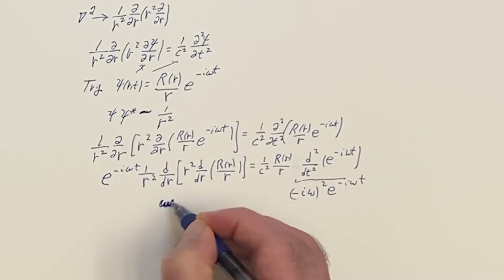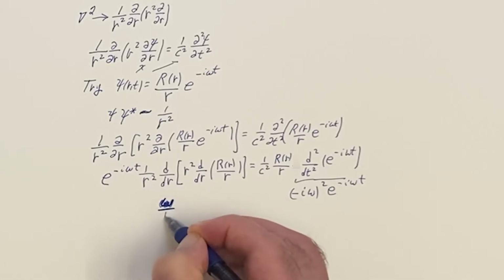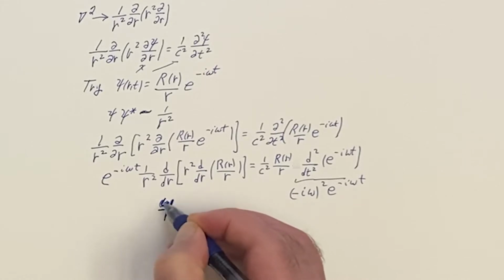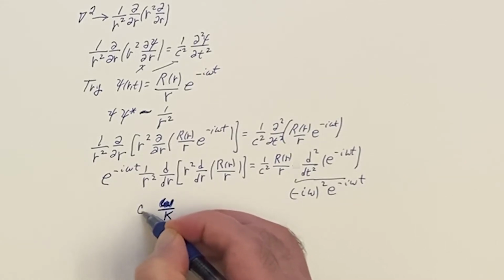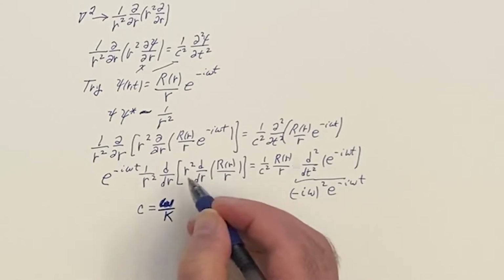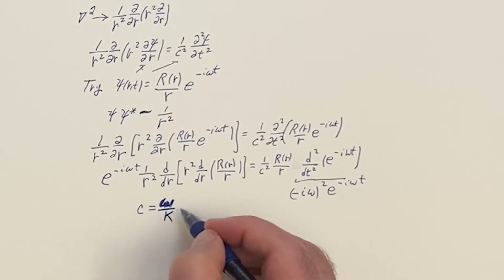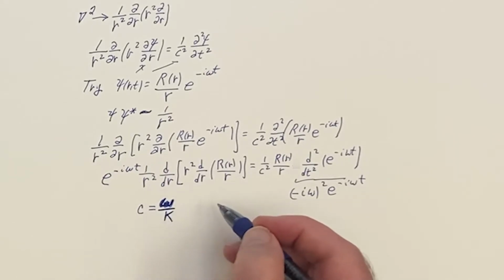Now remember the formula that omega over k is equal to your speed. We have one wave in vacuum here, no group velocity, just the omega over k standard form.